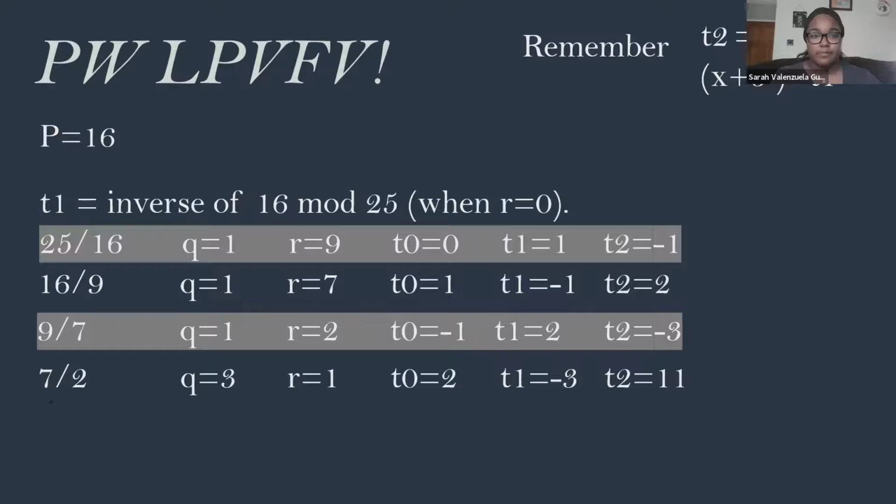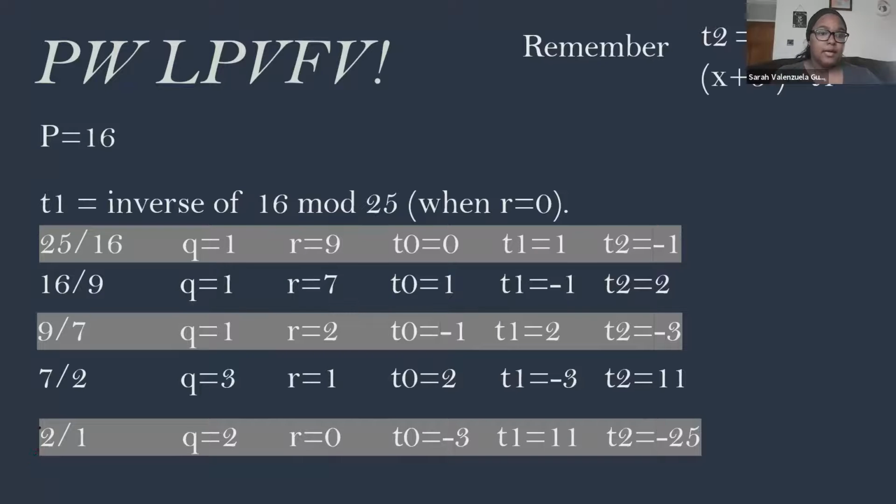So I just wrote the next one. So we have 7, remainder that was 2. Our quotient, remainder, values of T0 that was previously T1, T1 that was previously T2, and the calculation of T2 based on this formula. Again, our remainder is not 0 yet, so we have to keep it going. And then we have our B, the remainder, and the rest of our values.